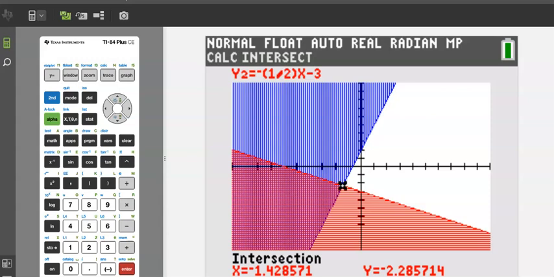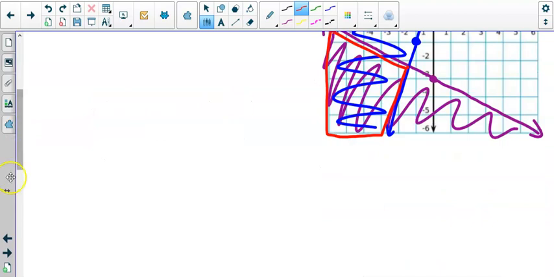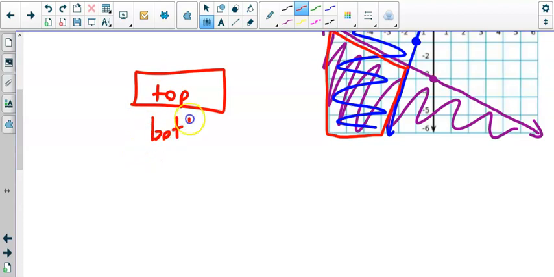But then it also might have the following question as a drop down. There might be a drop down where it says, is it in the top, the bottom, is it left or right?